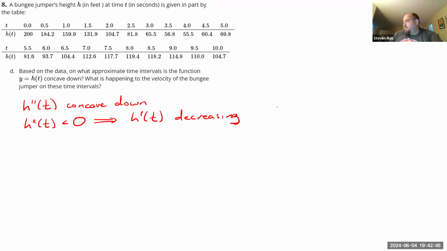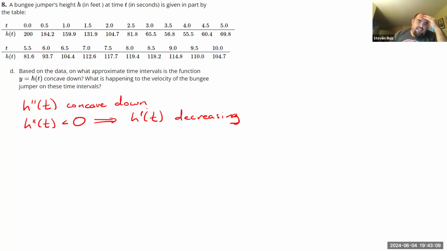Okay, so we're kind of working backwards here. We began with the function h, and we're trying to work downward towards the second derivative, or start with the second derivative and figure out what that means about the function h.